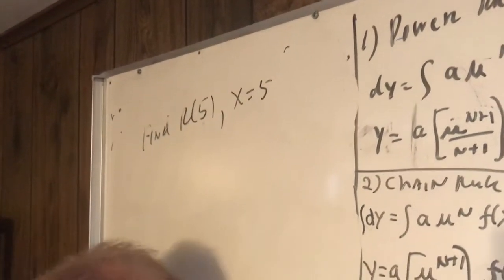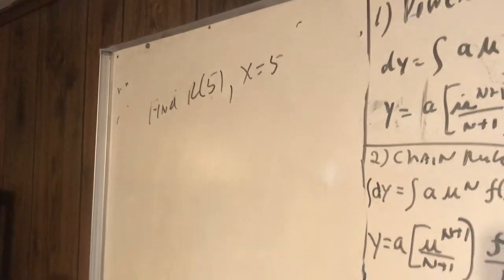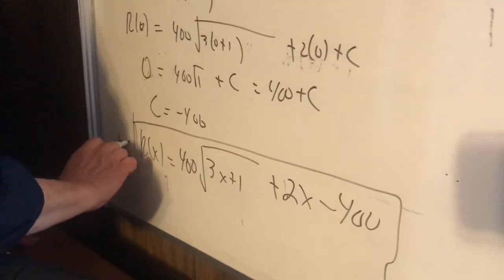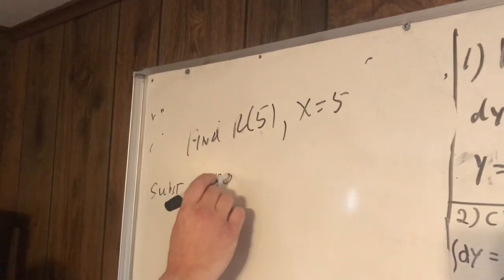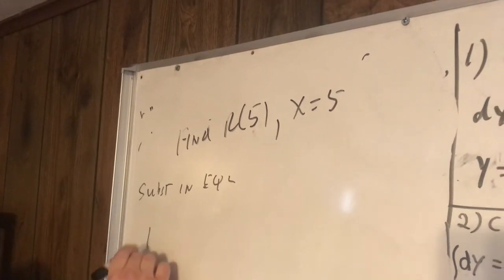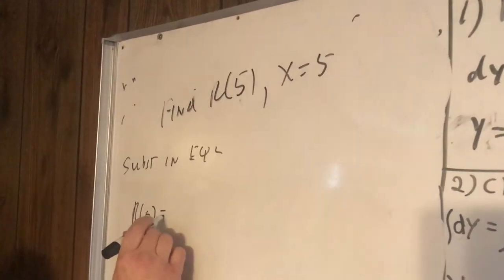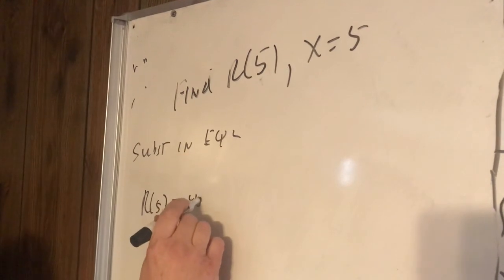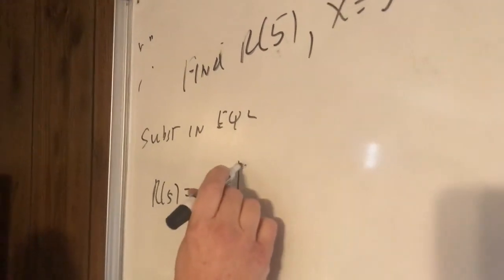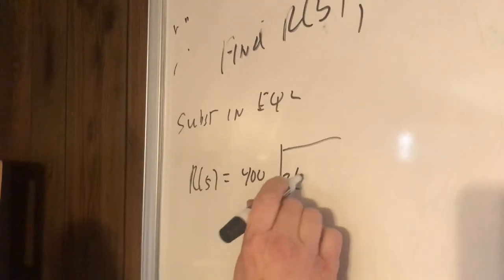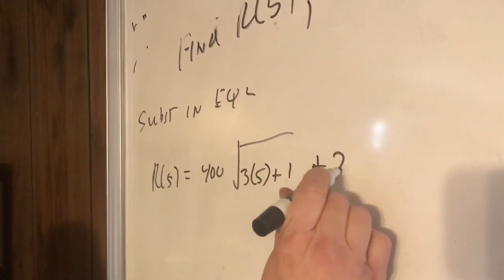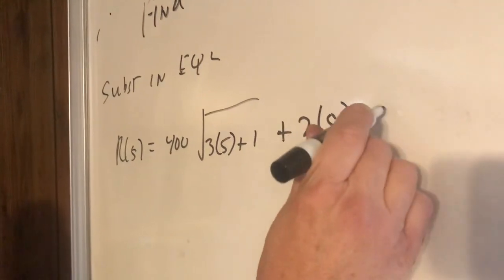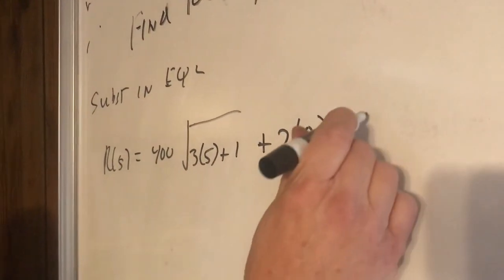So let's substitute in equation 2. You get R of 5 equals 400 times the square root of 3 times 5 plus 1, plus 2 times 5, minus 400.